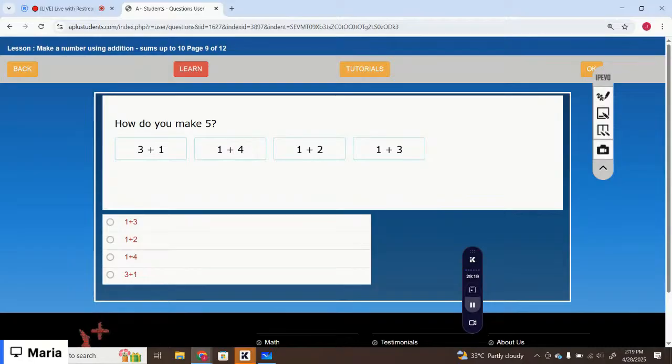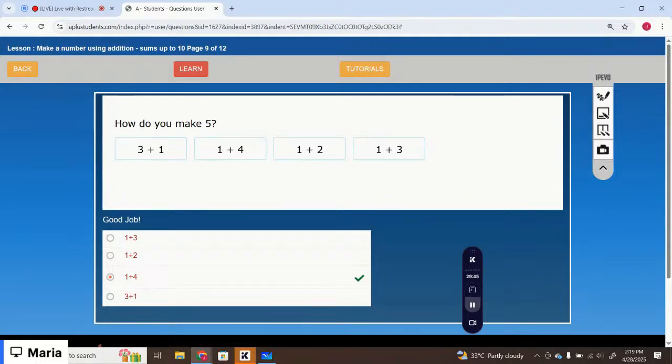How do you make 5? That is 4 plus 1. Option number 3 is the correct option. 4 plus 1 equals 5.